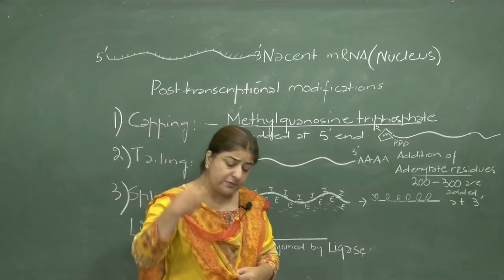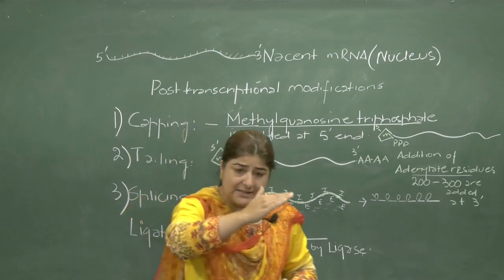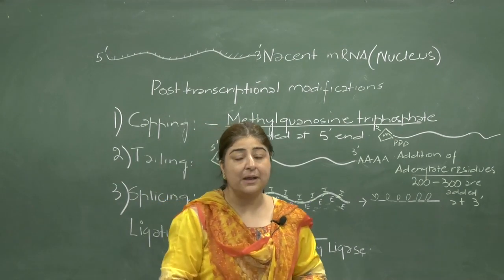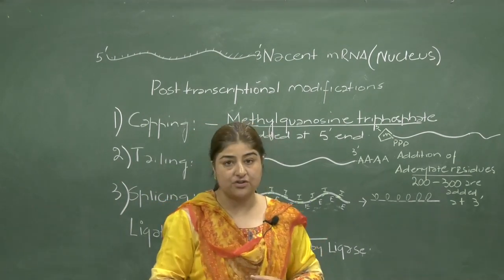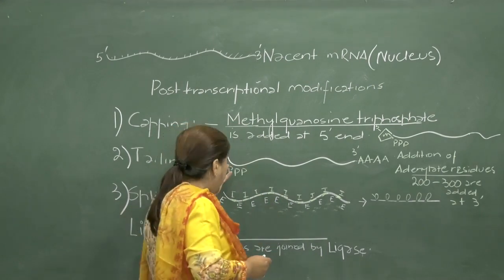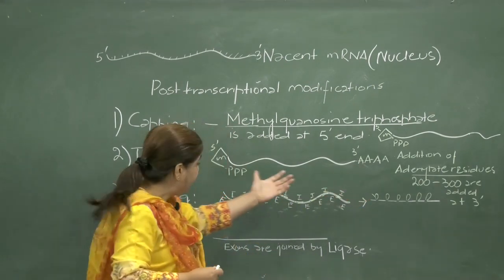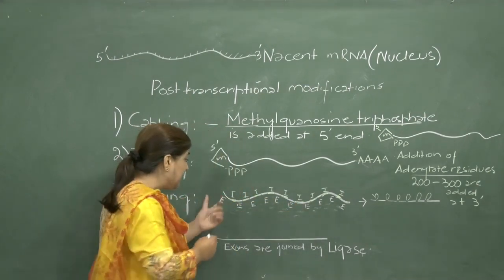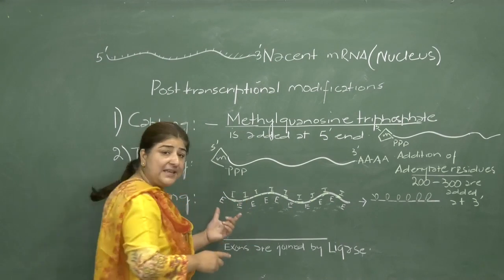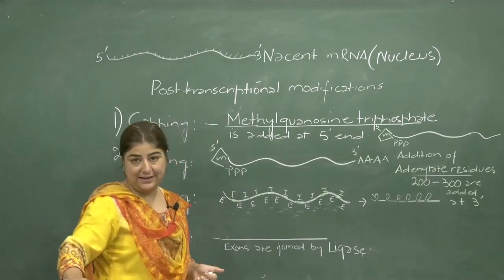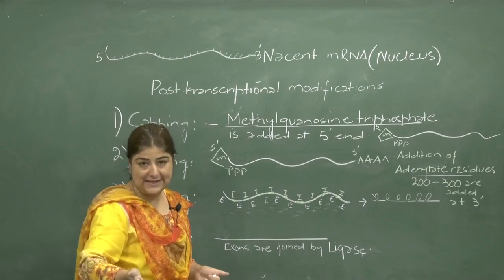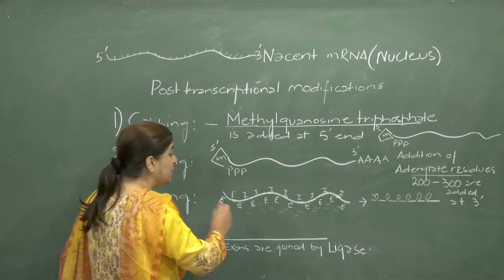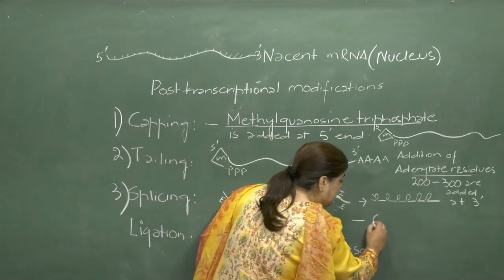Now once we talk about splicing, as I told you, you have this nascent mRNA transcript. This nascent mRNA transcript as a whole, I said, is non-functional. It is not only because the ends need to be protected. If we see this whole mRNA transcript, it is flanked by certain sequences that do not code for anything. They are known as non-coding sequences.